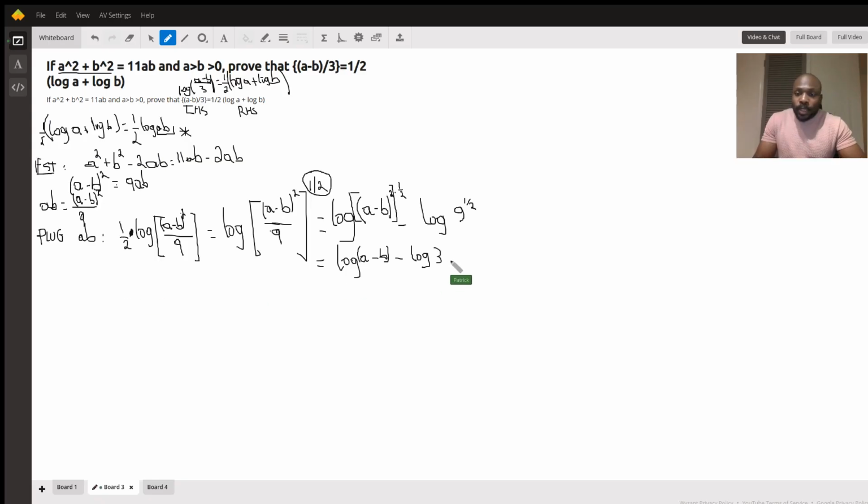So this is really log of (a minus b) over 3. And that is the left-hand side that we were trying to prove was equal to the right-hand side.